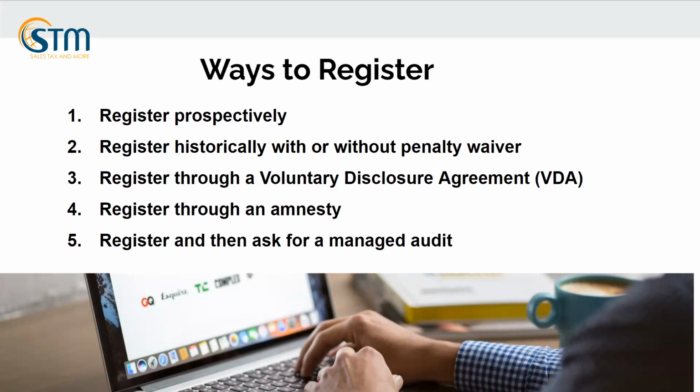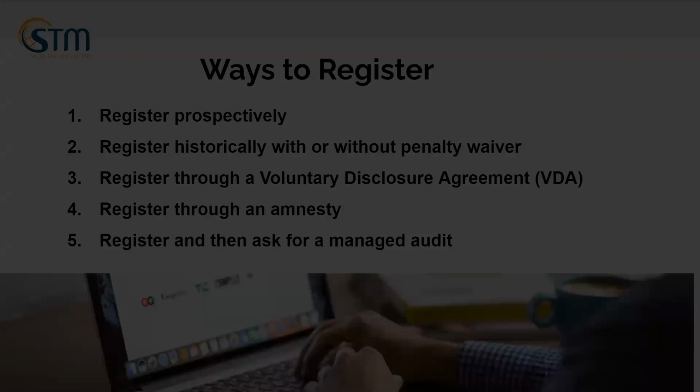States, especially Illinois and Wisconsin right now, are letting you register, but coming back 2-3 years later, auditing everybody to see if they got registered with the correct date their nexus began. So registering historic with or without a penalty waiver request, and then again through these exposure mitigation options.